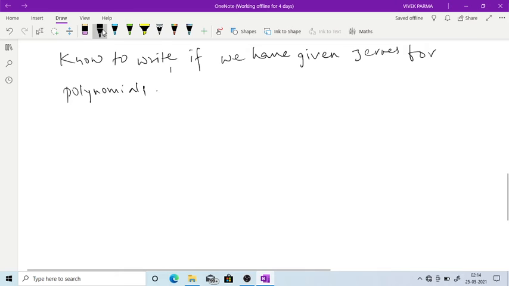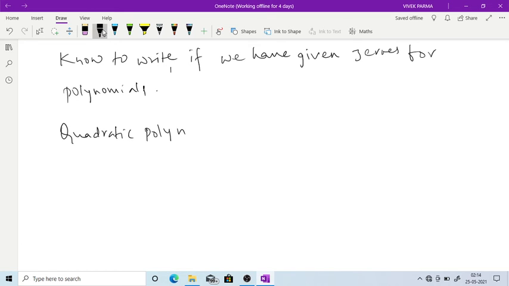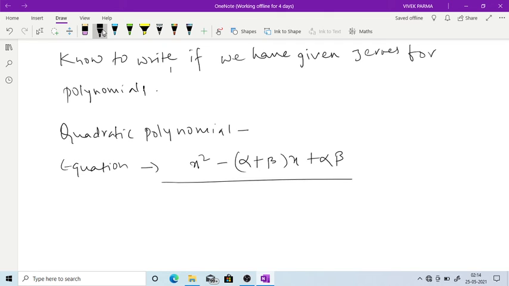For the quadratic polynomial, the equation will be x square minus (alpha plus beta) into x plus alpha beta.